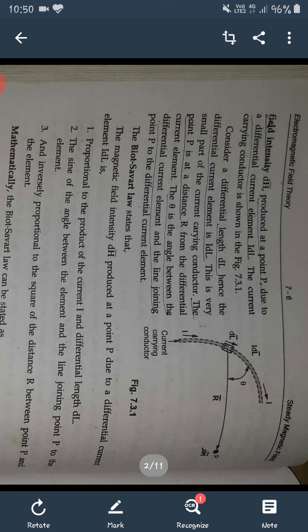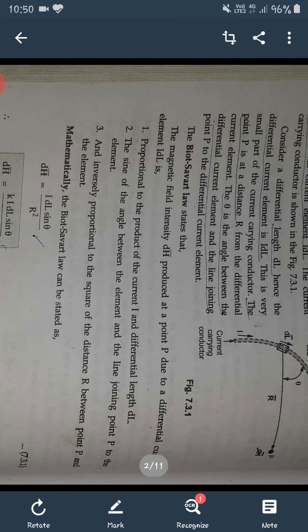Second, the sine of the angle between the element and the line joining point P to the element, that is sine theta. And third, inversely proportional to the square of the distance R between point P and the element.